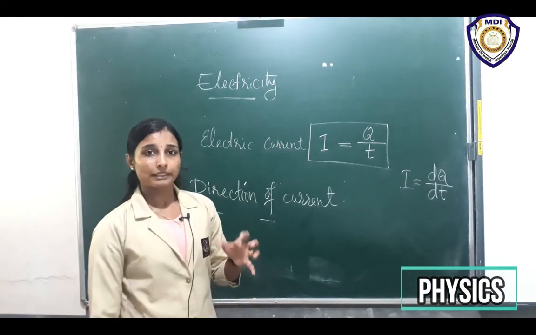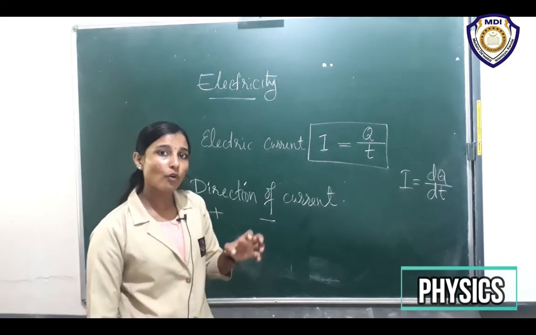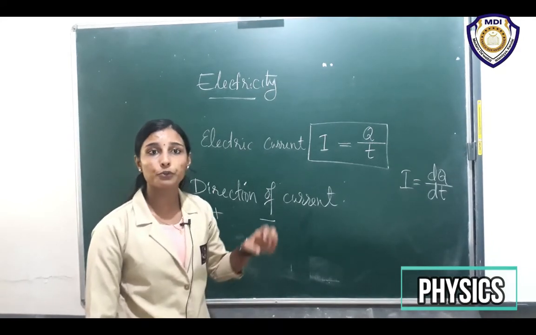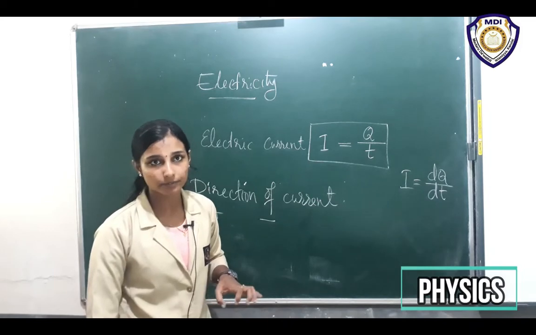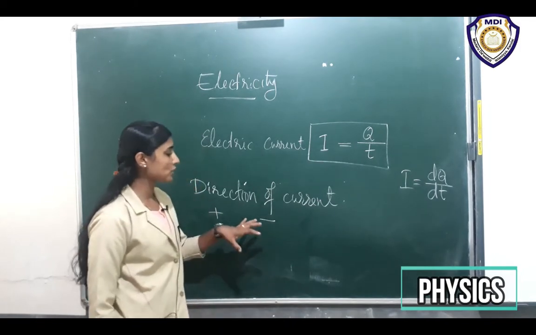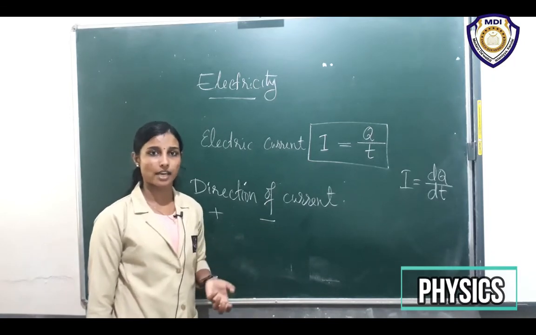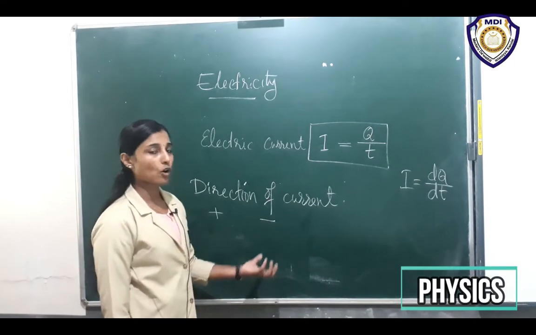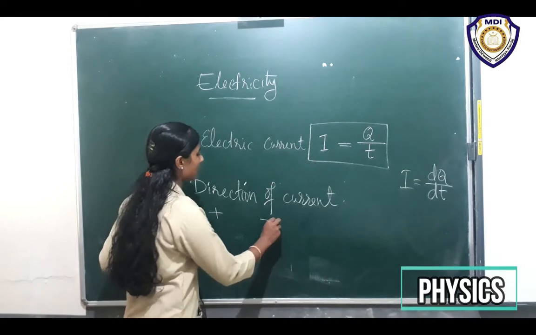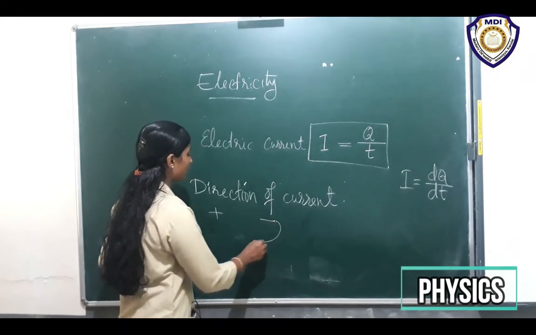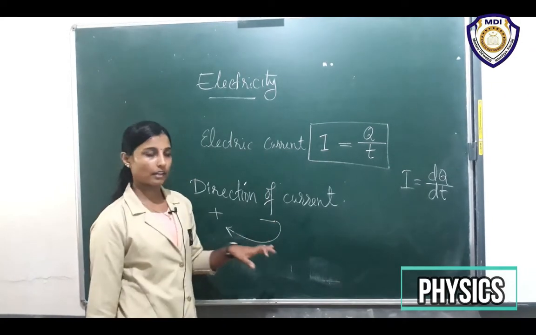So actually the flow of charge means the flow of electrons, right? Electrons have a negative charge. So flow of electrons means these negative charges flow to the positive terminal, right?